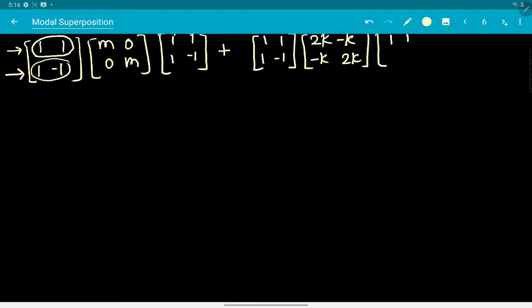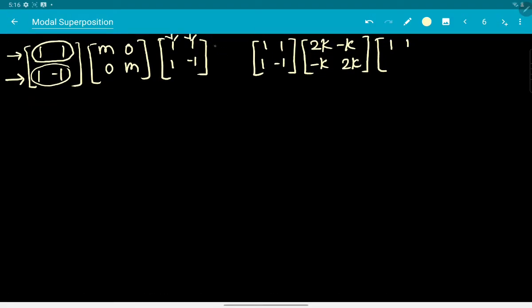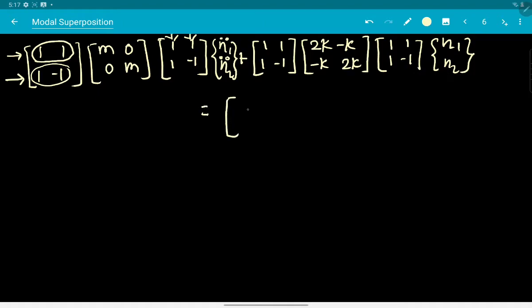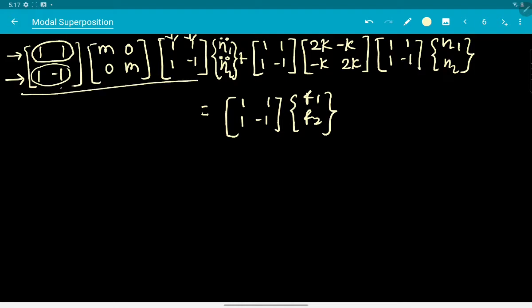I'm so sorry, I forgot writing the acceleration vector here. Here you'll be writing the displacement vector, and this comes out to be equal to 1 1 1 minus 1 times f1 f2.